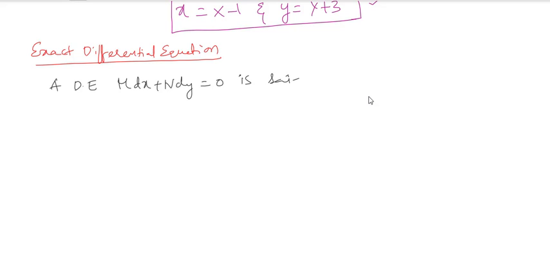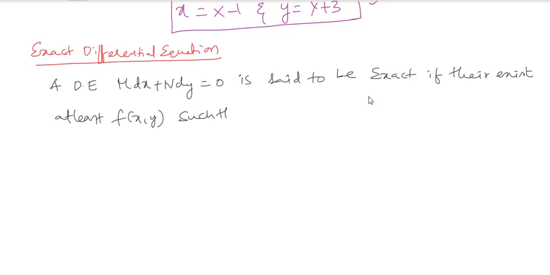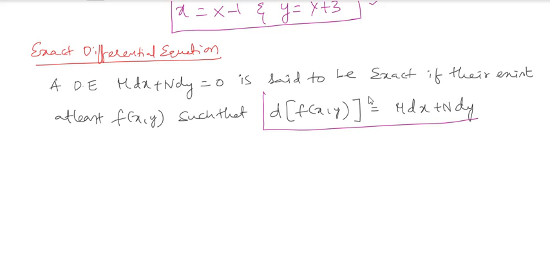It is said to be exact if there exists at least one f of x comma y such that the differential of f of x comma y is equivalent to M dx plus N dy. Then I can call that M dx plus N dy an exact differential equation.